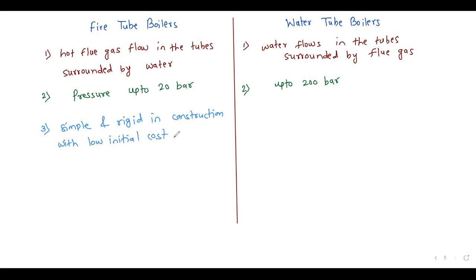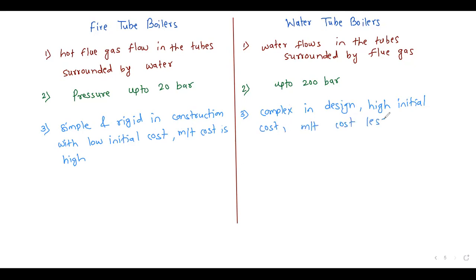Now the reverse of this will be for the water tube boiler. Water tube boilers are complex in design, you have already seen the pictures of it. They have a high initial cost, but their maintenance cost is less. So these are the points you have to remember.